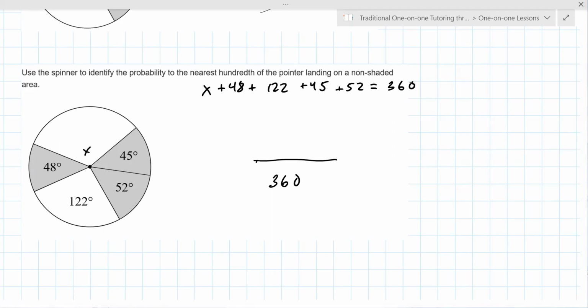Did you come up with the value of X? Yes. What is X? 93.